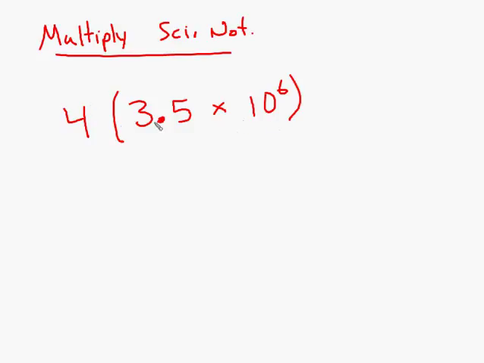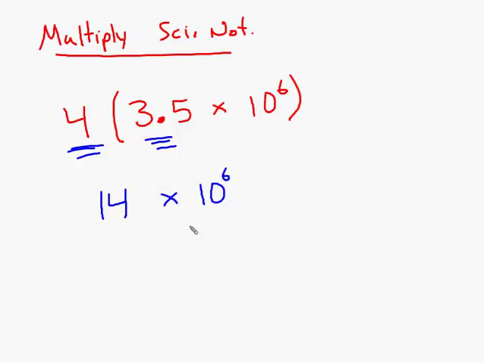Now, I only distribute it to one of these things, not both of them. So I'm just going to multiply the 4 and the 3.5. What is 4 times 3.5 from your calculator? 14. So we get 14 exactly times 10 to the 6.